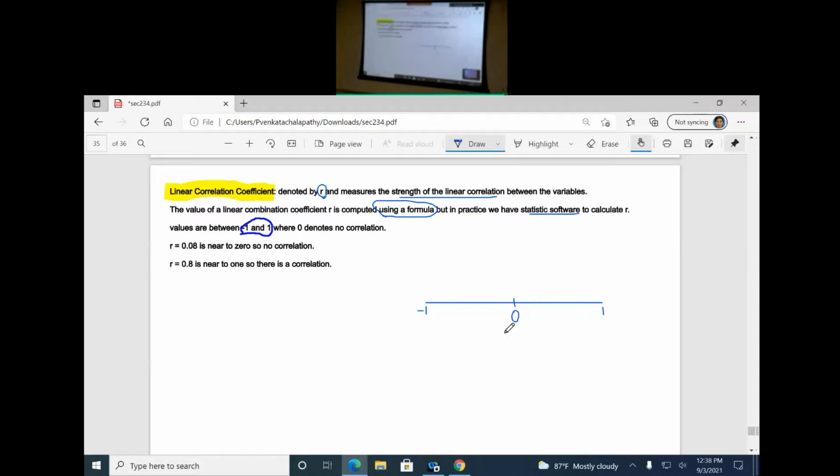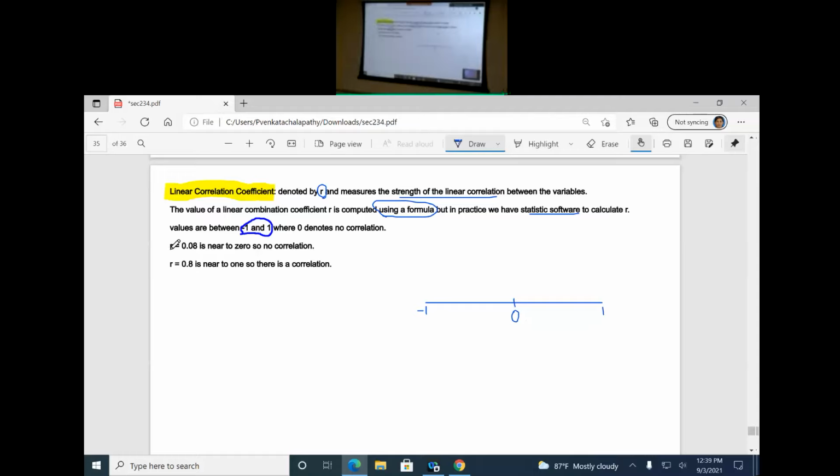Okay, so what does zero correlation say? It says that there is no correlation existing between the variables. 1 and -1 will say that there is a correlation existing between the variables.